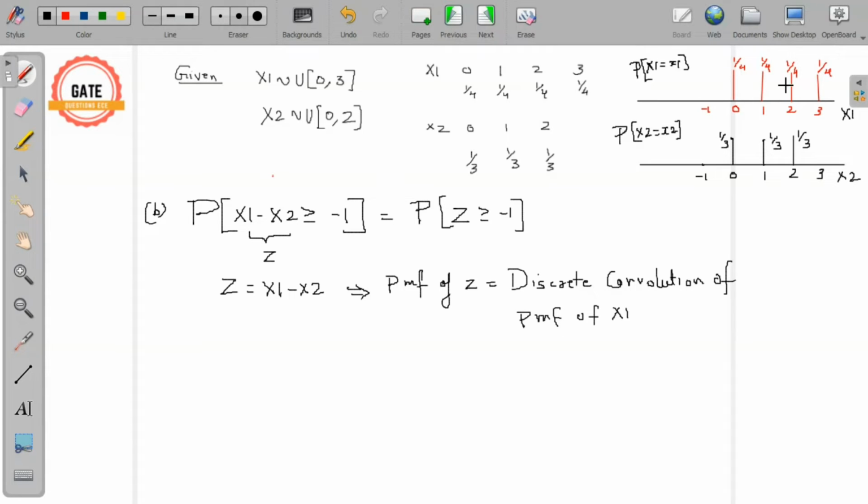So this is the p.m.f of x1 that I have drawn here, and we have to convolve this p.m.f with the reversed p.m.f of x2.